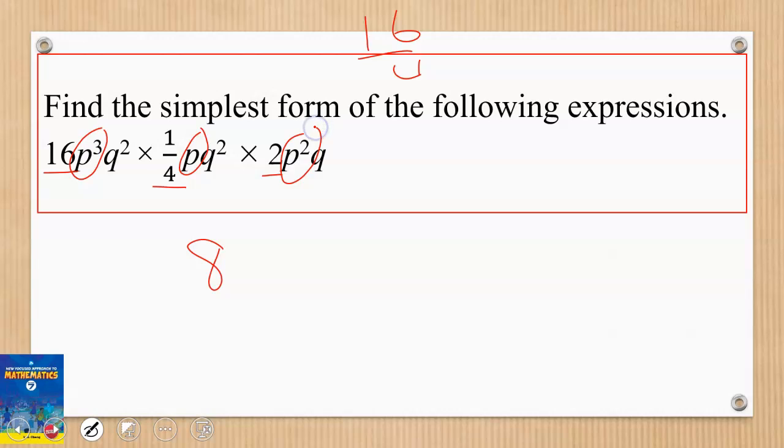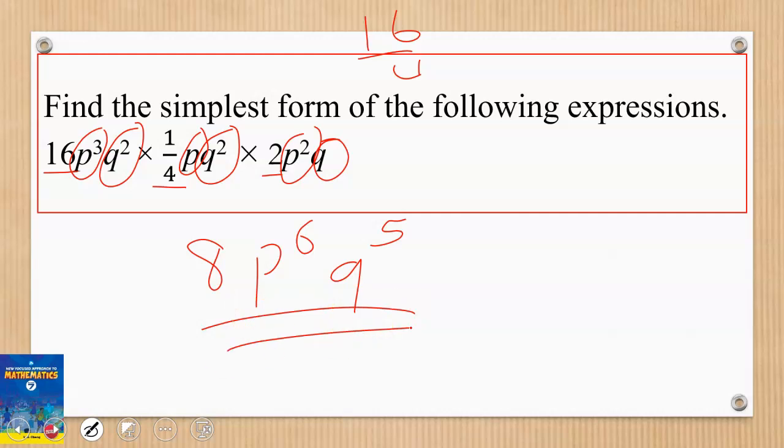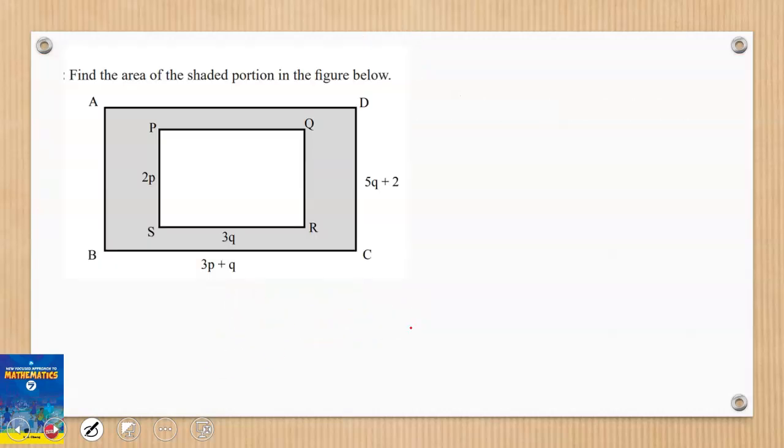Then p squared will give us p exponent 6. Then we have q squared. q squared will give us q exponent 4. Then q to the power 1 will give us q exponent 5. And that becomes our answer. I hope it makes sense.